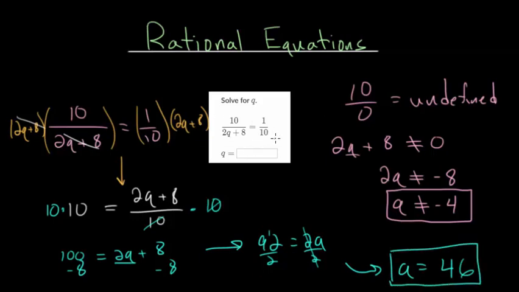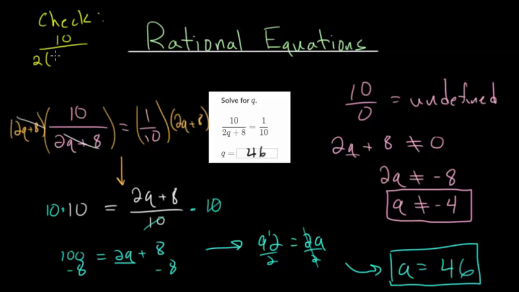And at this point, to be completely sure about this, you'll need to put 46 back into the equation. So for this one, I'll actually check it. But in the later ones, pause the video and try and check it yourself, just to verify that whatever answer you get is correct. And if you do plug it in and you do get a correct value, then you can feel very confident that this solution is actually correct.